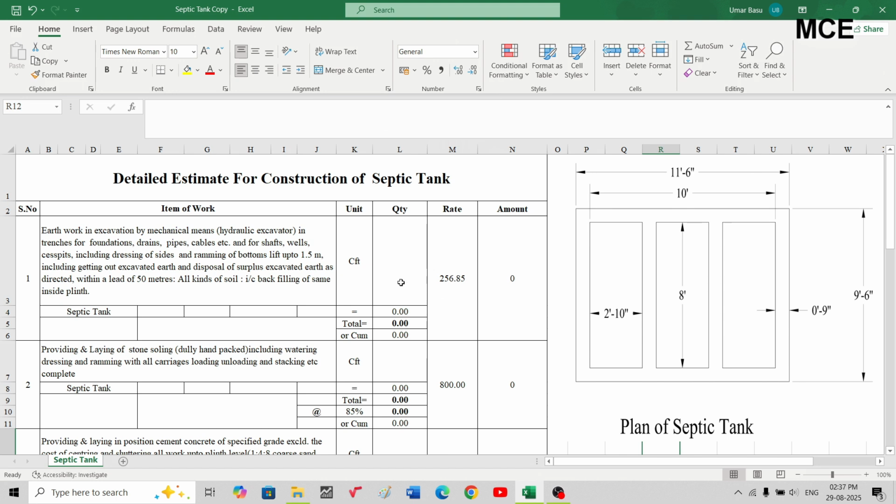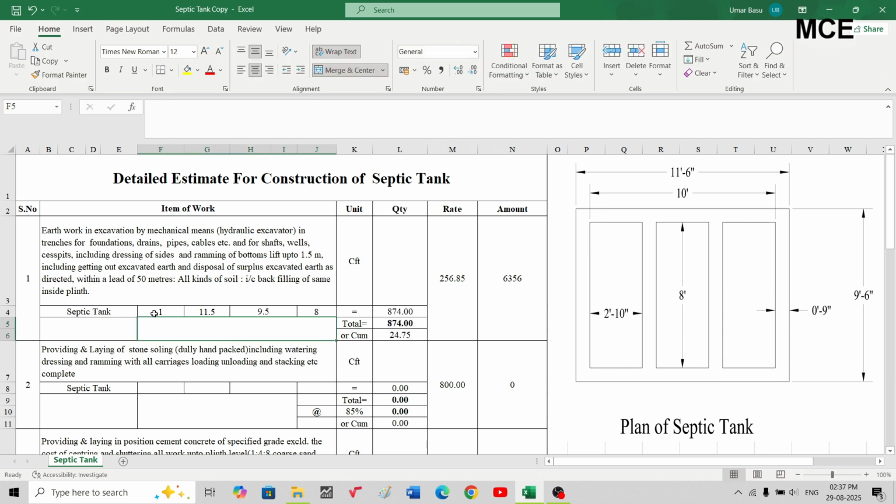I will prepare this estimate using the foot measurements, and then I will convert it into the metric measurements. Since I have to excavate 11 feet 6 inch across 9 feet 6 inch, and the depth which I am taking underground is 8 feet, the first item is 1 number, 11.5 cross 9.5 cross 8 feet.